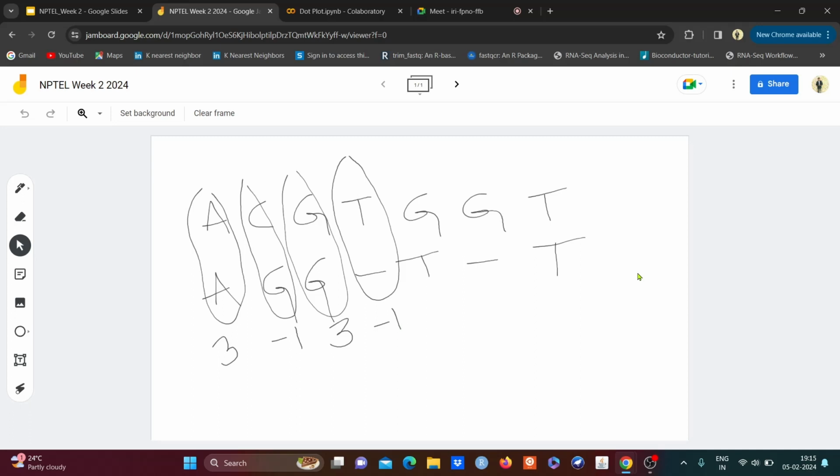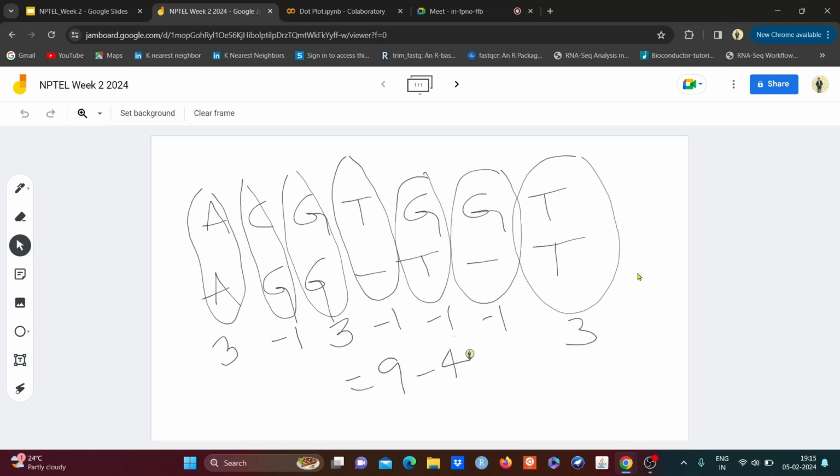Similarly, mismatch -1, introduction of gap, so gap penalty -1, and again a match 3. So overall it is 9 minus 4 equals 5.